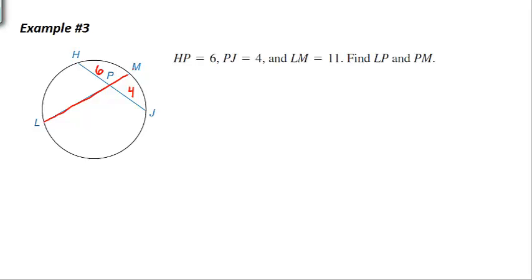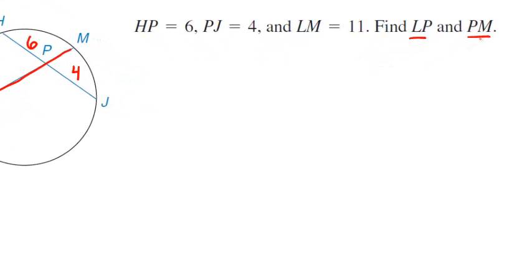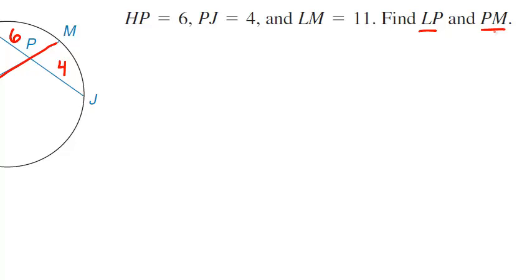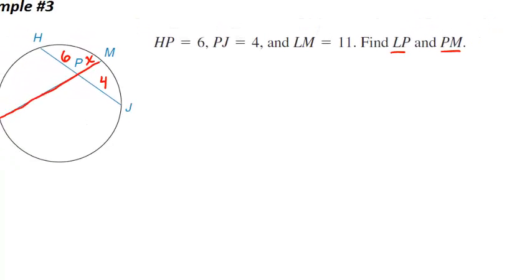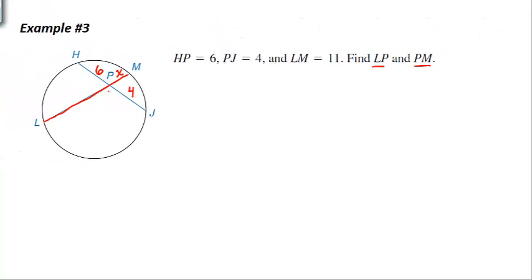So if we're trying to find LP and PM, let's call one of those X. Doesn't really matter. I'll call PM X. Which means that LP is the remainder of that length. So if it was 11 and we've already got X taken up, this must be 11 minus X.